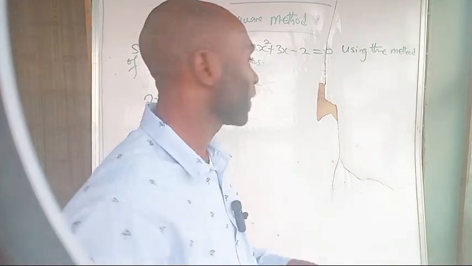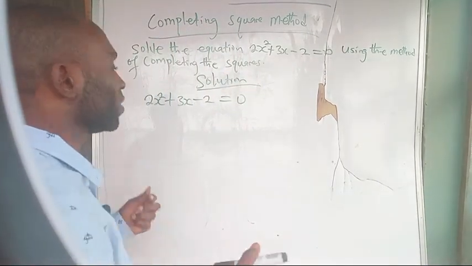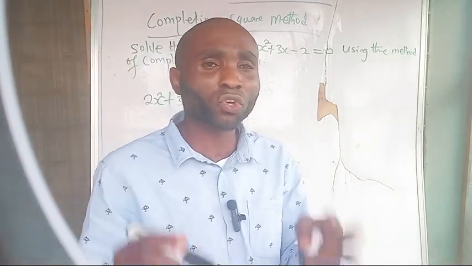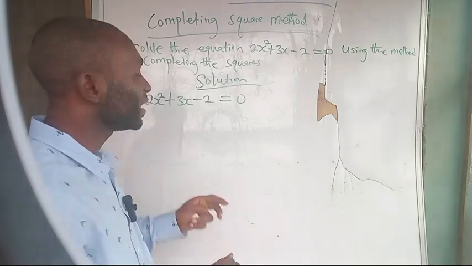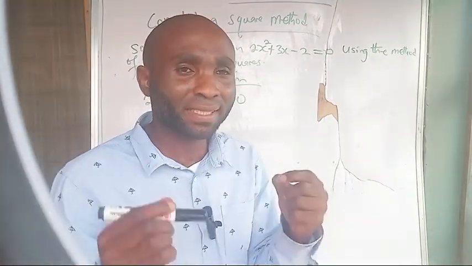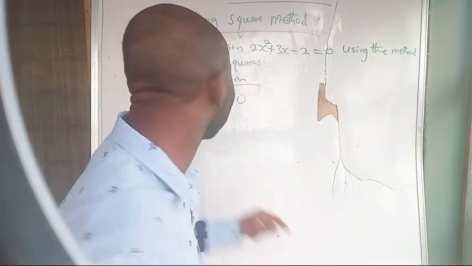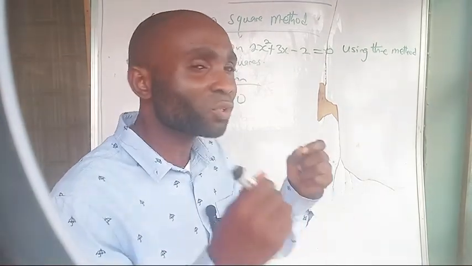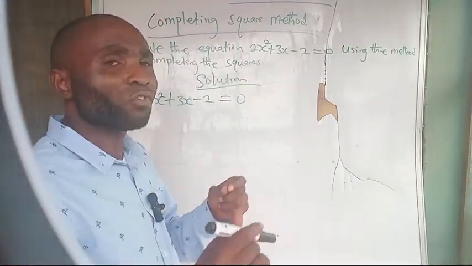Now, in solving this equation using the completing the square method, the first step is to divide throughout by the coefficient of the first term. What do I mean by the coefficient? The number that is written together with x squared. You have to divide it through each term.